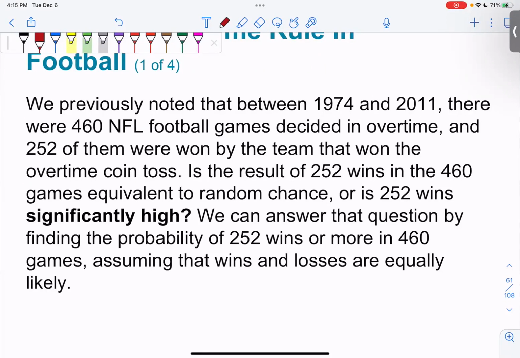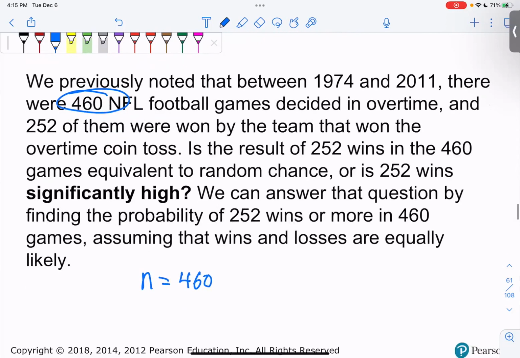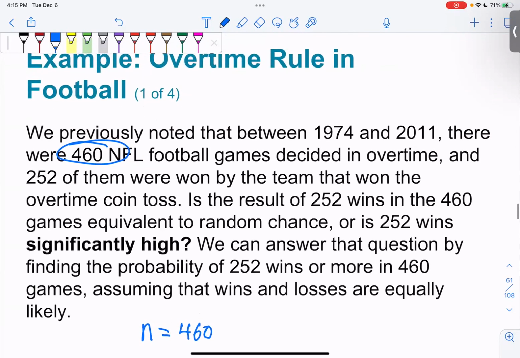Here in this example, n will equal what? How many times do we repeat our experiment? 460, right? So in binomial distribution, we have n, p, and x.